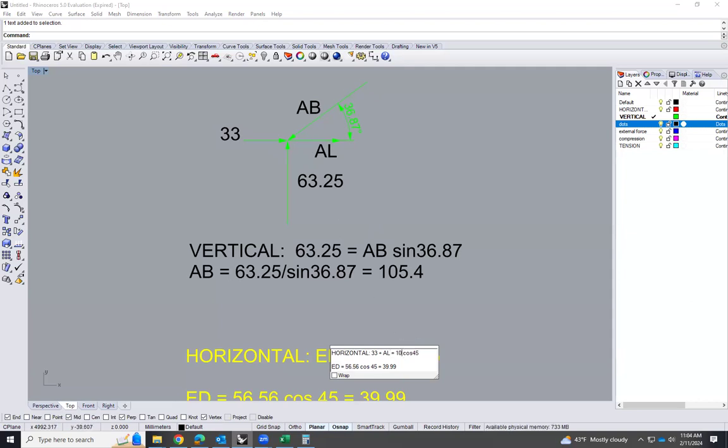AB is 105.4 cosine 36.87. So that's the equation.